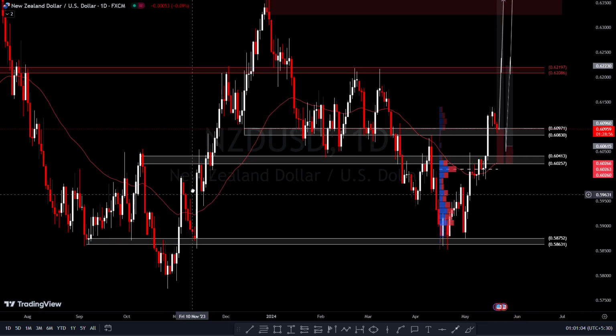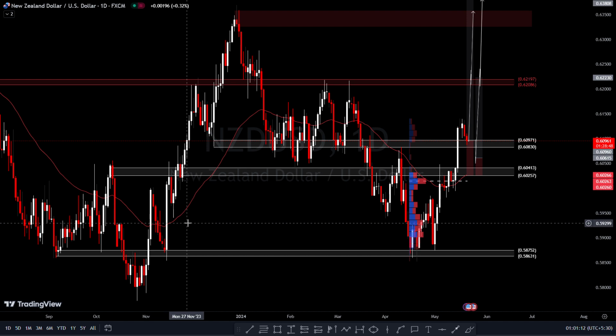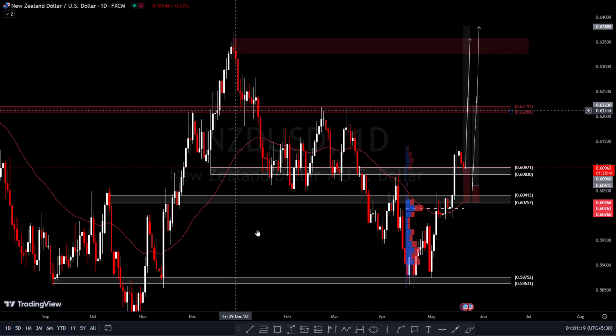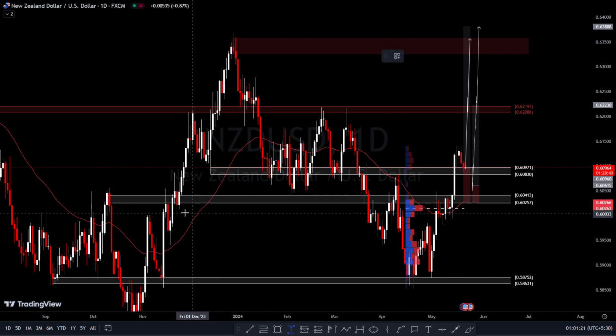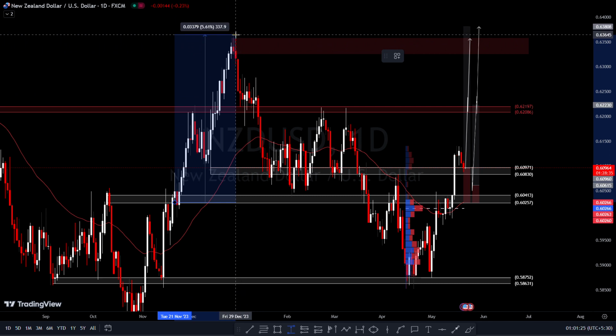From the downside, as you can see, price came up, rejected a bit here, but broke this level, took some retest and gave a nice move from this level in January 2024.